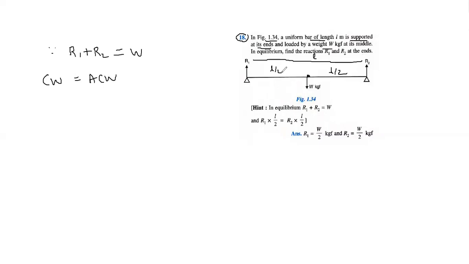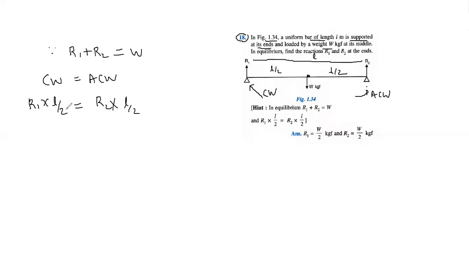You can see this force will take it clockwise and this force will bring it anti-clockwise. So we know clockwise equals anti-clockwise moment. So R1 into L by 2 equals R2 into L by 2.